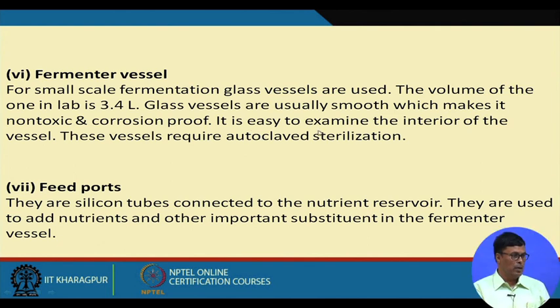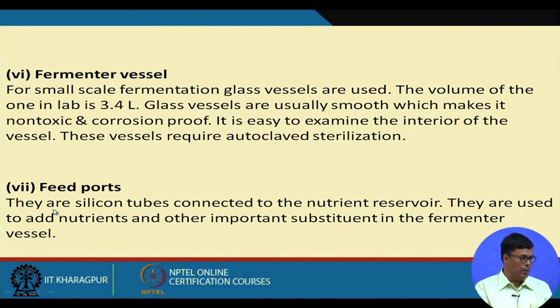It is easy to examine the interior, because we use the glass vessel in the lab fermenter to examine the interior of the vessel. But in the industrial fermenter, I told you, we have the watch glass at the top. From the top, with the help of light, we can find out exactly what is going on inside the system. Then we have feed ports.